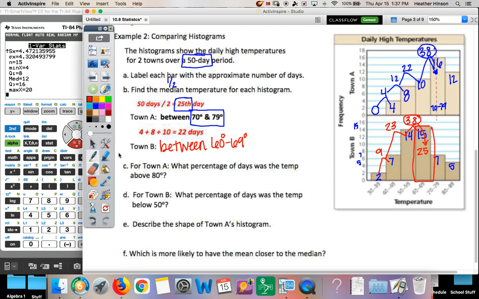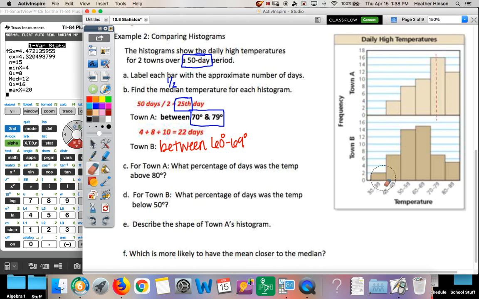Okay, for C, what percentage of days was the temperature above 80? For town A, 80 to 89 falls here. Oh, I erased my numbers. What was that? That was 12. So 12 days are in the 80 to 89 range. This goes back to probability, the last lesson we did. Out of how many?